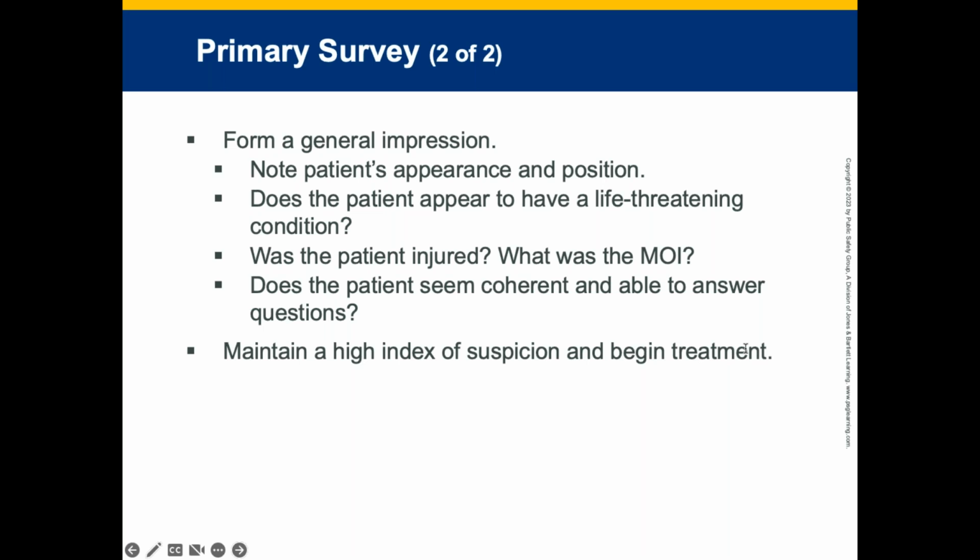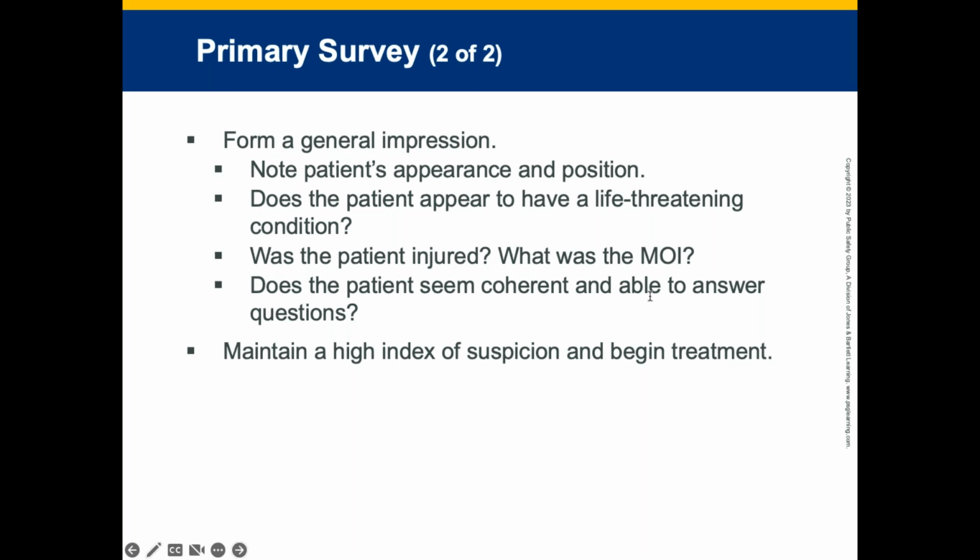Was the patient injured? If so, what was the mechanism of injury? Does the patient seem to be coherent and able to answer questions? If not, are they altered? And why are they altered? Now do a stroke assessment, right? Now I'm talking just about Cincinnati. Do a FAST-D. Do a Cincinnati on top of that. Look at everything. If you want to look super smart, do an NIH stroke scale.